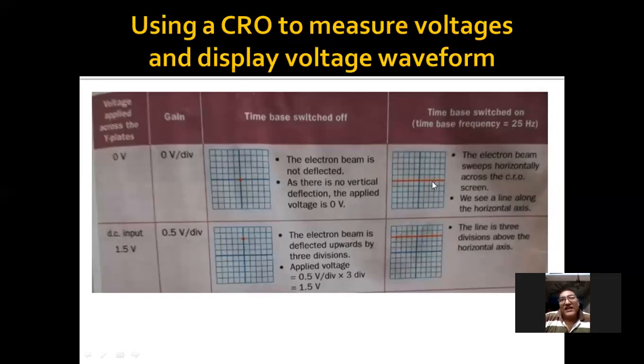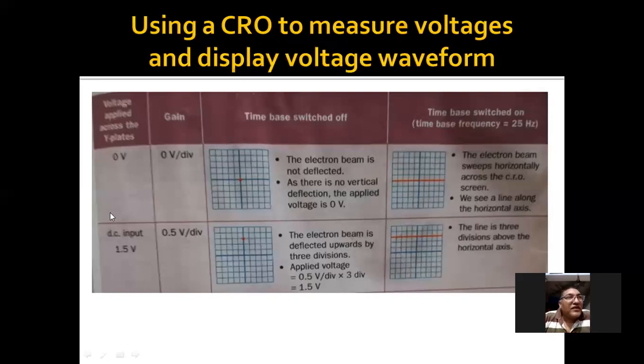It will perceive it as a continuous line. So when you switch on the time base, the dot goes to the left, to the right, and you will see a horizontal line on the x-axis.